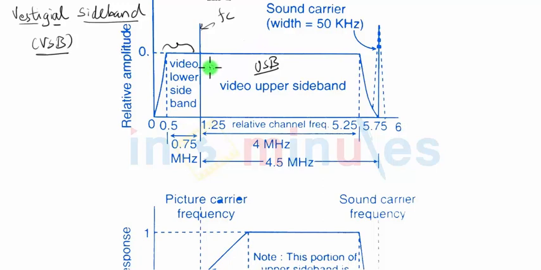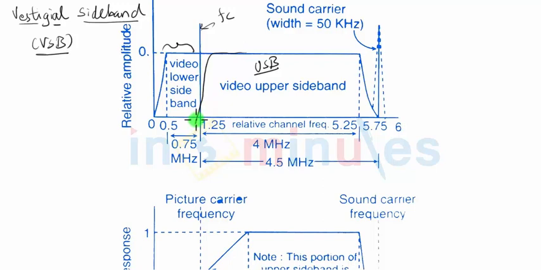Because of this, even if there is attenuation of any frequencies, it will be of the lower sideband spectrum and not of any of the frequencies from the upper sideband. Imagine if we did not allow a part of the lower sideband, if we wanted to take only the upper sideband and nothing from the lower sideband, then we must have filter characteristics which go something like this.